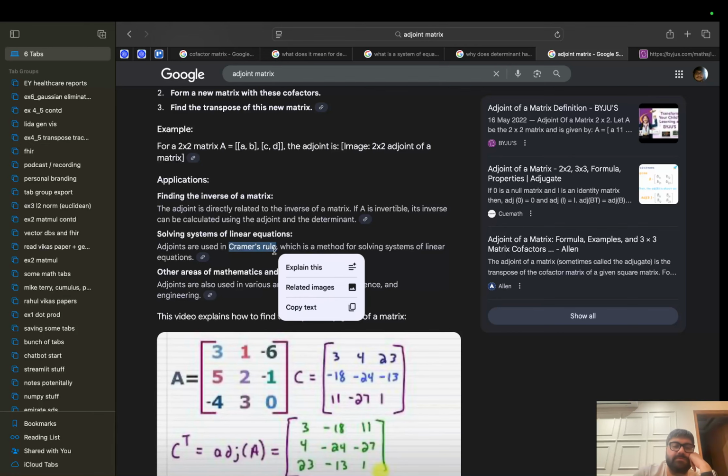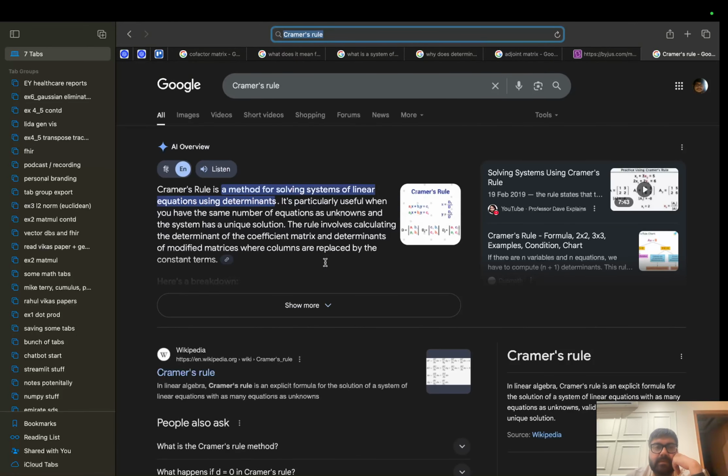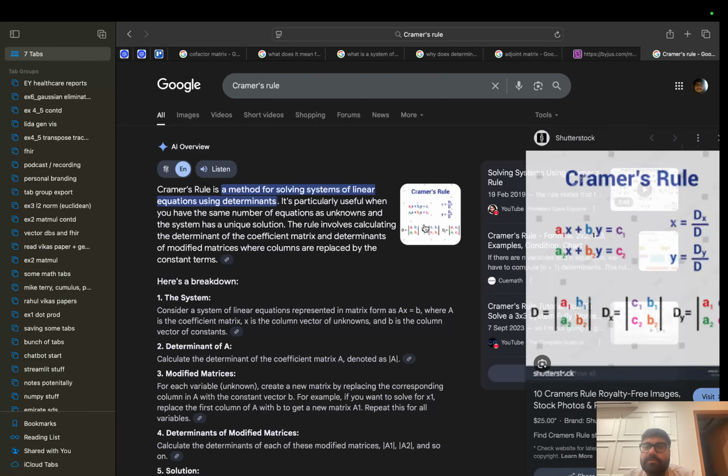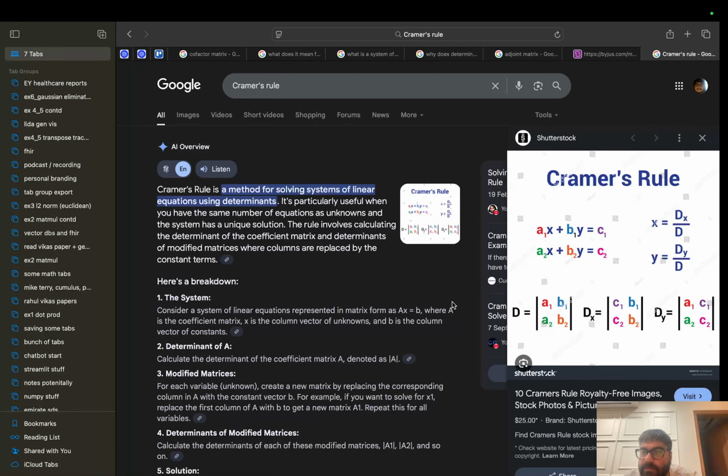What is Cramer's rule? I don't know what Cramer's rule is. It's a method for solving systems of linear equations using determinants. Let me see if I can do this. a1x plus b1y equals c1, a2x plus b2y equals c2, x equals dx over d.